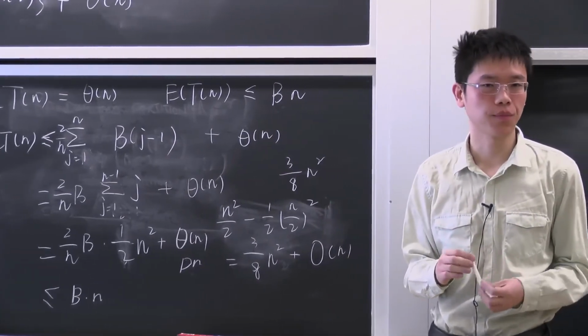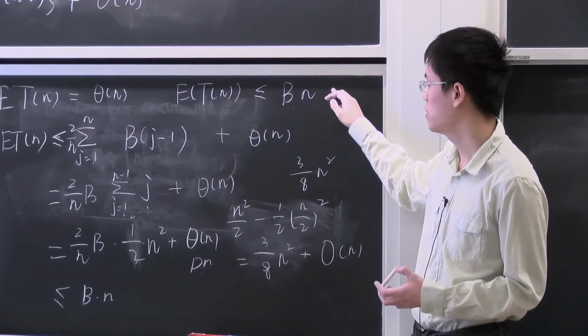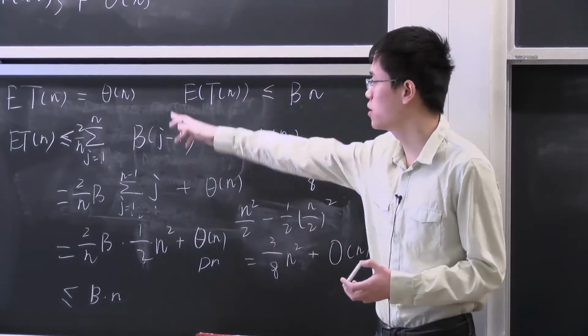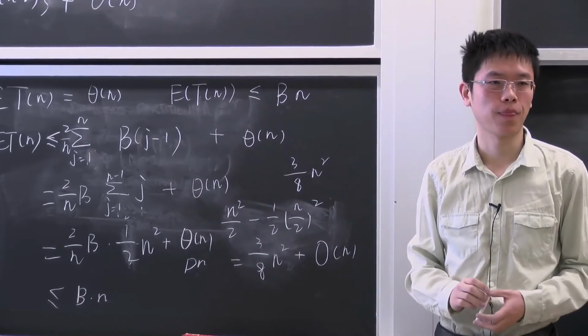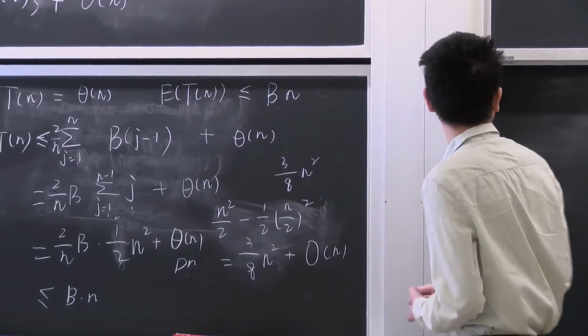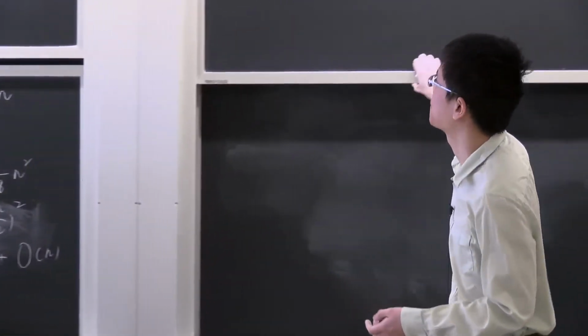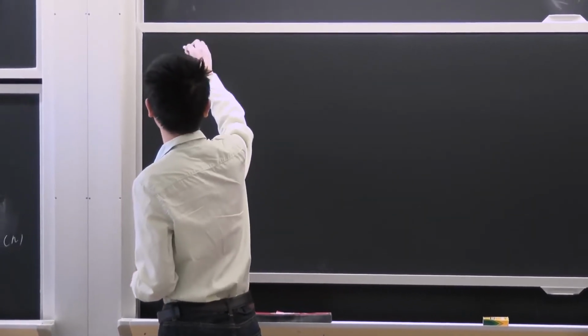Did everyone get that? If we make the same assumption, make the hypothesis, and we plug them in, we can no longer prove the induction step. OK, so what do we do? We make another guess. So let me rewrite our recursion.